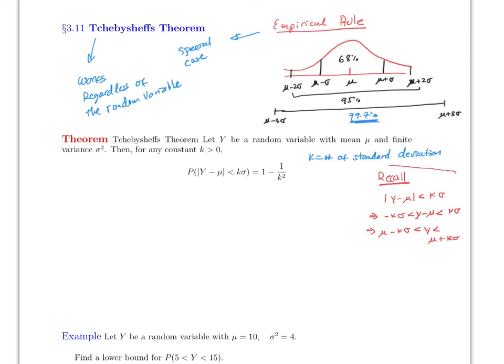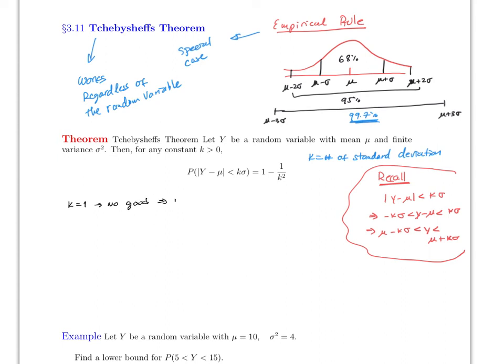This is something from elementary algebra, but we're going to need the result right now. So what this is telling you is the probability that y will be within these k standard deviations from the mean will be equal to this, where k, like I said, is the number of standard deviations. Notice that k has to be positive, but if k is equal to 1, this is no good. Why?